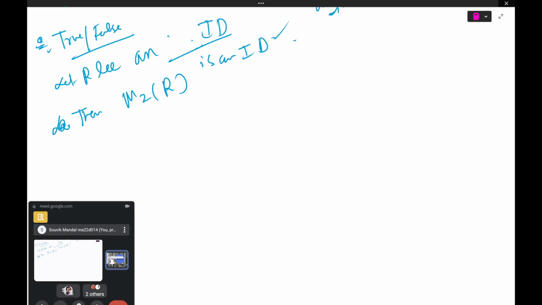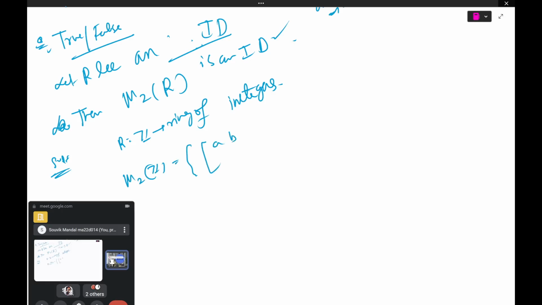Okay. So, let's see how to solve this problem. First of all, take R to be the ring of integers. Then what is M2(Z)? It contains the 2 cross 2 matrices whose elements are all from Z. Now consider these two matrices.